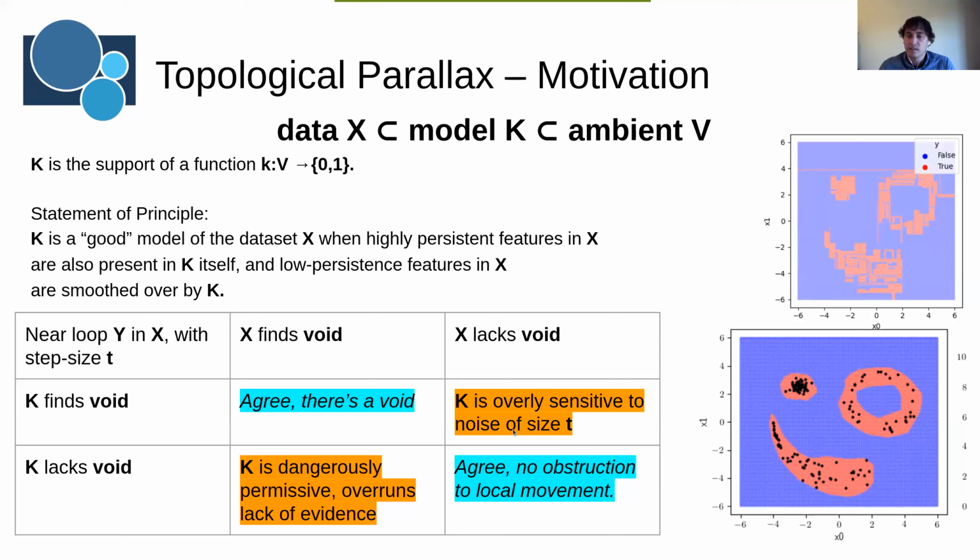So if you look at this box, at the column where it says X finds a void, but K lacks a void, what is an example of that? Well, if I go over to the right, I see the picture of the Winky smiling data set, and there are black points. Those are points from the original data set.